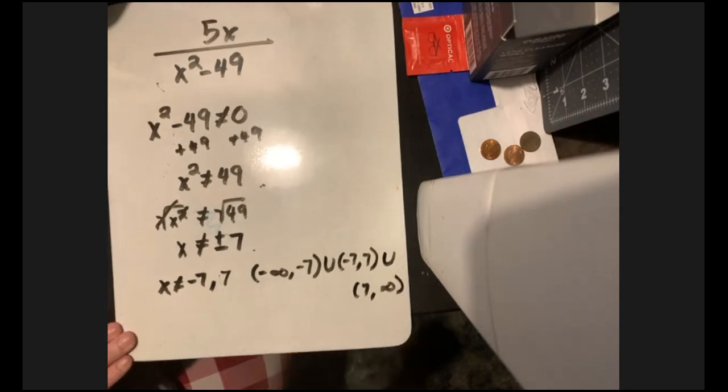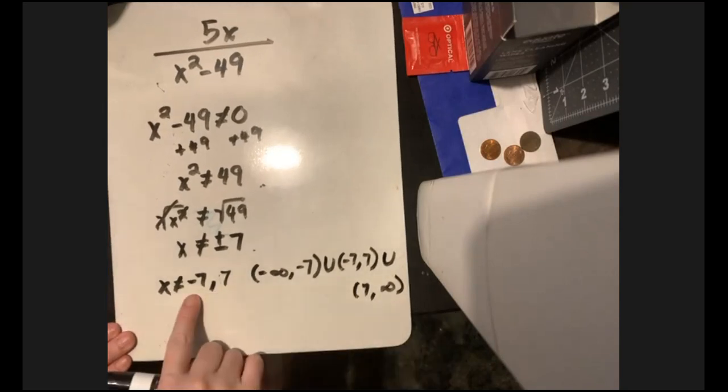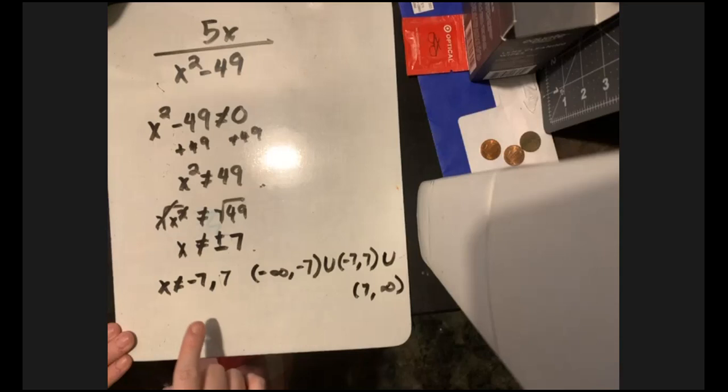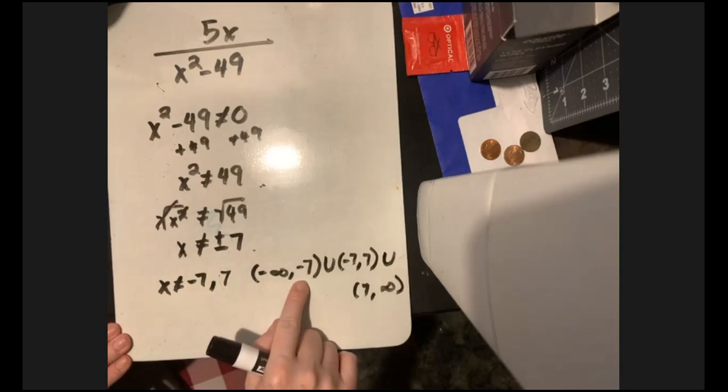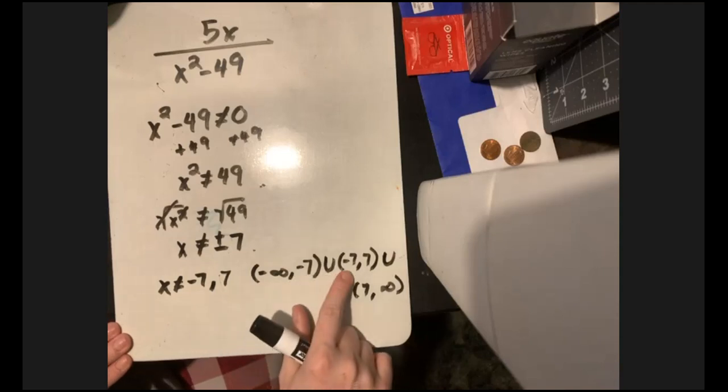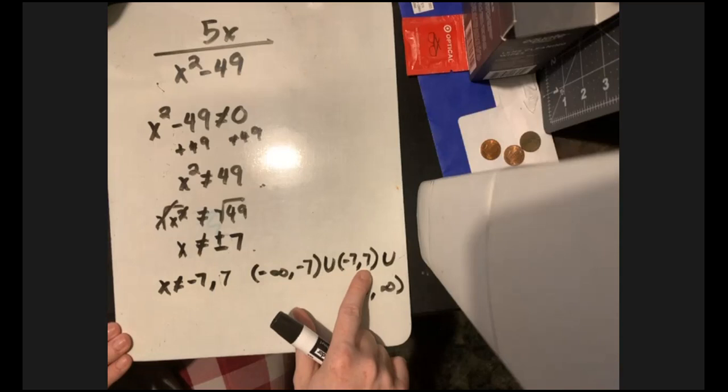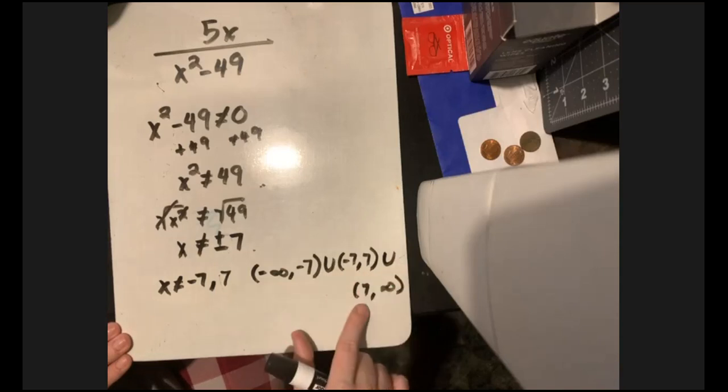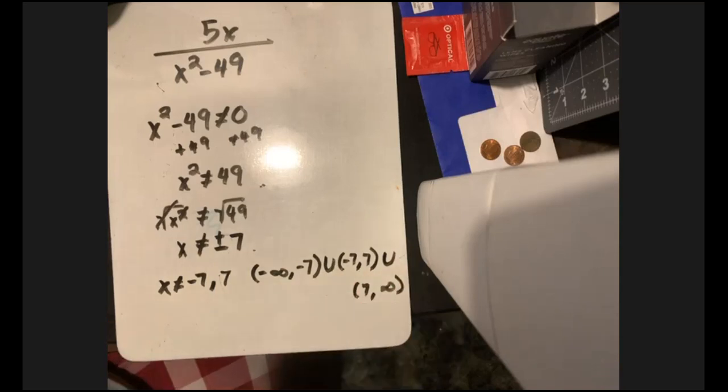So basically we're using the unions here to jump over the values that we're not able to use. Okay, so I'm basically going everything up to -7, skip over -7, pick up back on the other side, go up to regular 7, skip over that, and then out to 7 again.